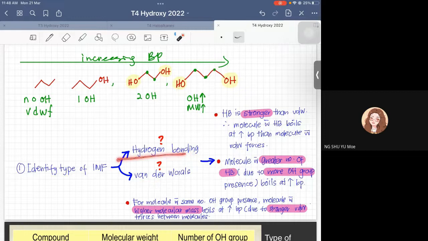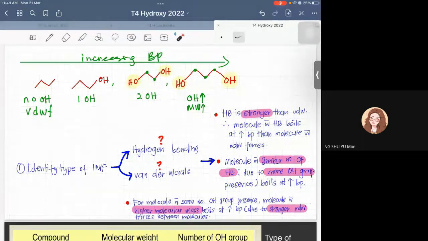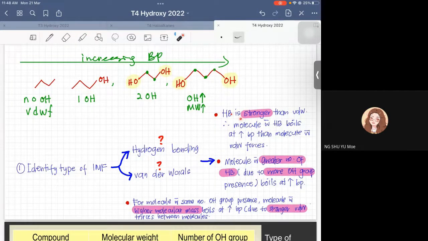Kalau ada hydrogen bond, paling tinggi boiling point dia. Okay, bila ada hydrogen bond, you kena consider sama ada bilangan hydrogen bond itu banyak atau sedikit. Okay, faktor yang pertama adalah hydrogen bond is stronger than van der Waals forces. Molecule with hydrogen bond will boil at higher boiling point than molecule with weak van der Waals force.